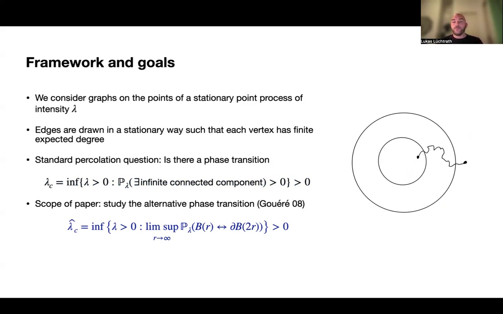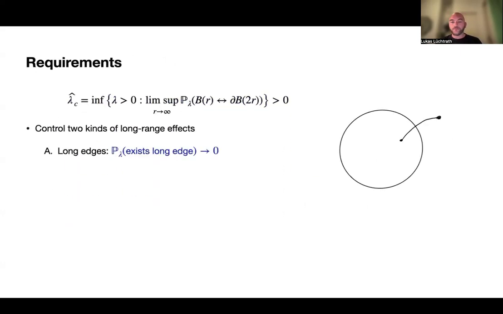So here in the picture, you see an annulus of radii r and 2r, and we find a vertex in the middle ball that goes over the annulus by a path and connects itself with this path to a vertex outside the large ball. And the question is, can we prevent this for small enough intensities?